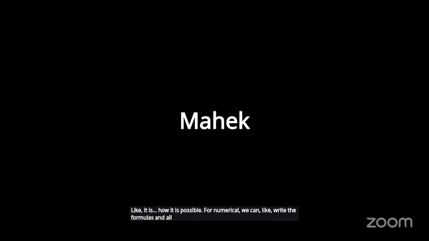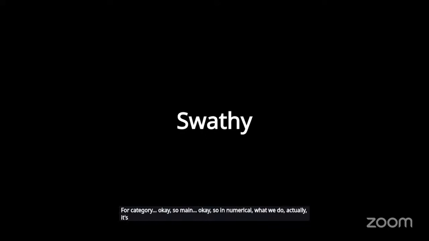Ma'am, can I ask one thing? How can we find the mode and median for a large number of categorical data? For numerical, we can write formulas, but for categorical, how is it possible? For numerical, what we do is n by 2, then n by 2 plus 1.